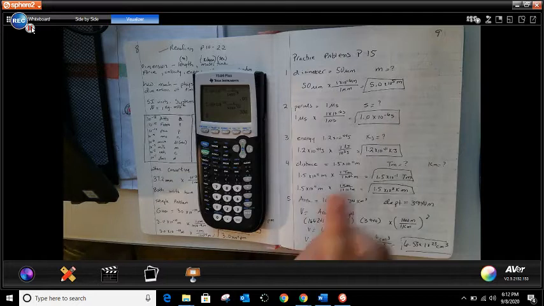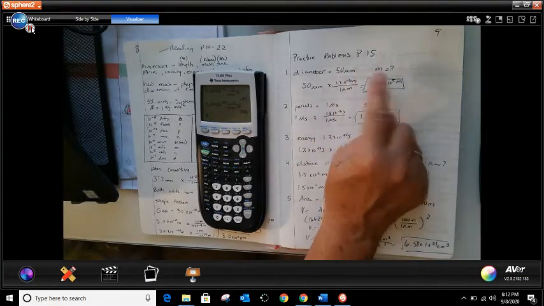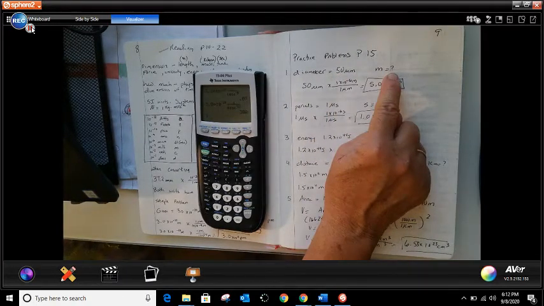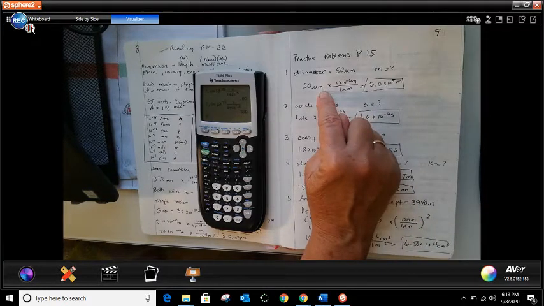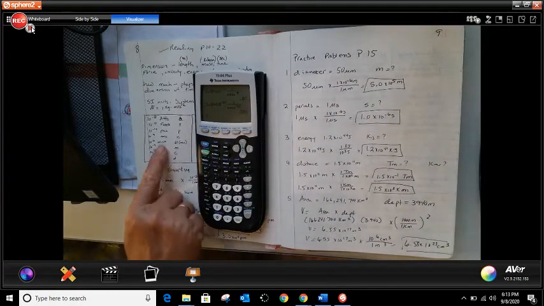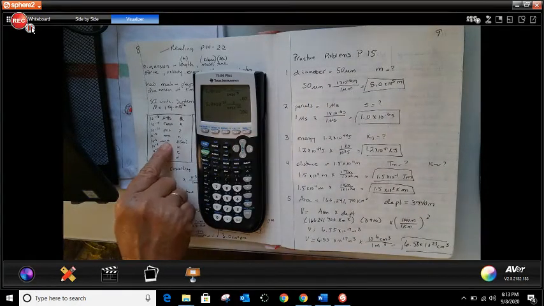So we're going to say, all right, it is this unit here, and we're going to meters. To be able to do that, we have to look up on our chart, and there is our micrometer, which is 10 to the negative 6.